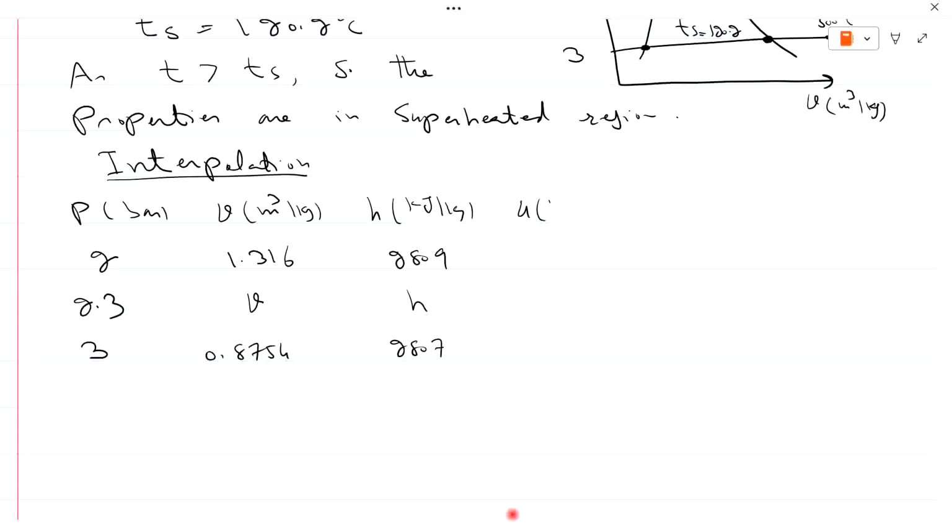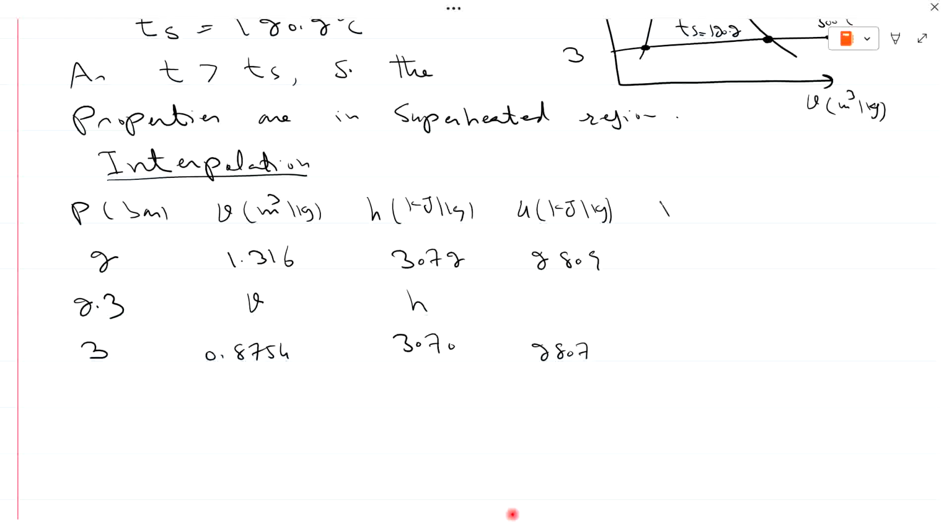Similarly, internal energy in kilojoule per kg at 2 bar and 300 degrees centigrade is 2809, and at 3 bar pressure and 300 degrees centigrade is 2807.